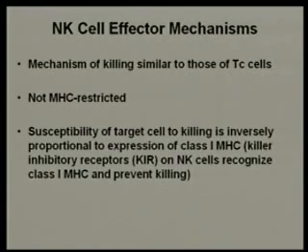NK cells typically recognize the absence of MHC class 1. So if a cell, for some reason, stops expressing MHC class 1, NK cells will see that cell and recognize it as having a problem, and then it will kill that cell. Turns out this is important because a lot of times viruses or different tumors can lose expression of MHC class 1. That helps these NK cells recognize these types of cells.